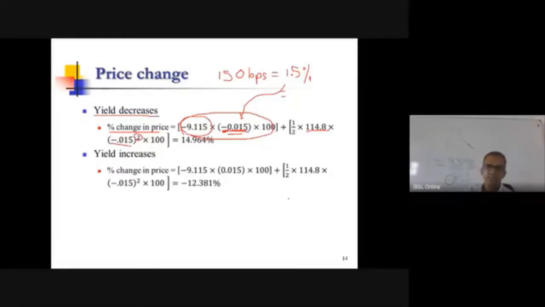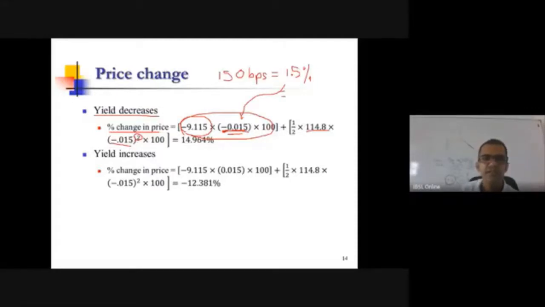Whether you put the minus sign or not, it won't have any impact, because when you take the square of a negative figure, you still get a positive figure.